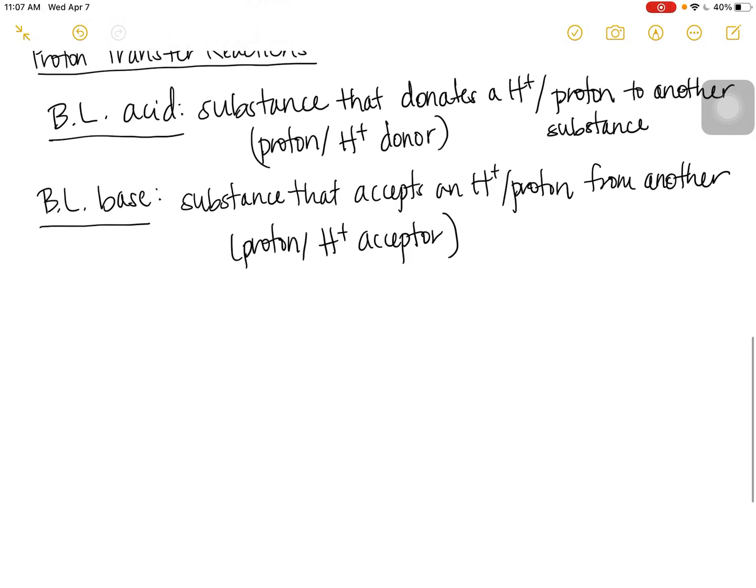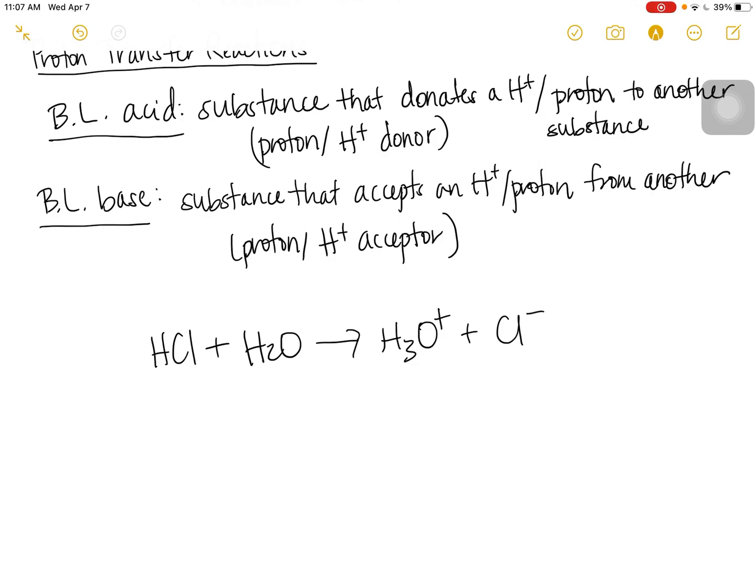I want to show you this in two examples. So the first one is HCl plus water, and these would be the products. If we think about what's happening here, my HCl gave its hydrogen to water to then end up with H3O plus and Cl minus.